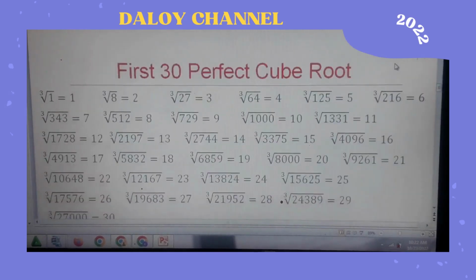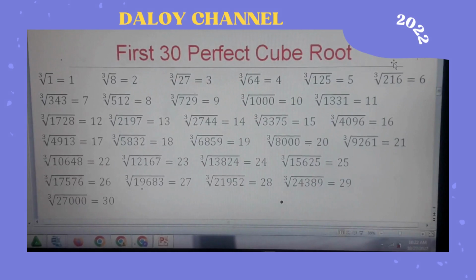We will continue to the next. We have also the first 30 perfect cubes, or perfect cube roots rather. When you say cube root of a number, it is a base number to be multiplied 3 times by itself. For example, the cube root of 1 is equal to 1.